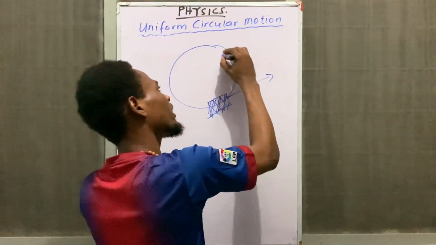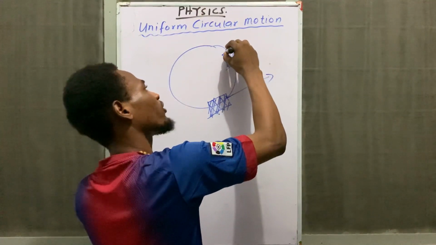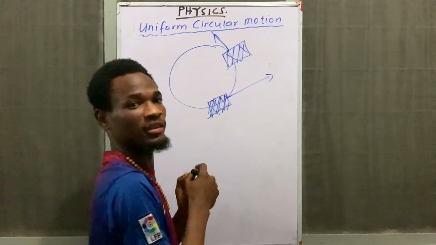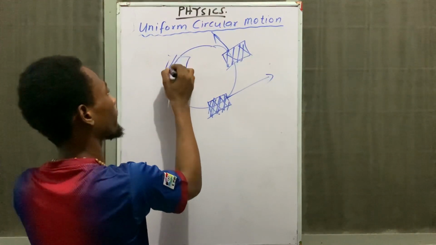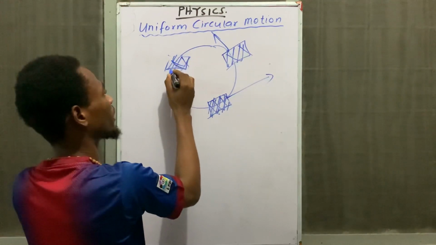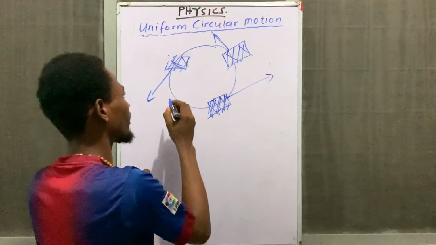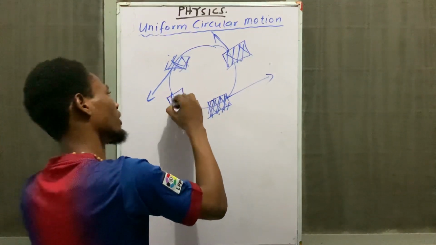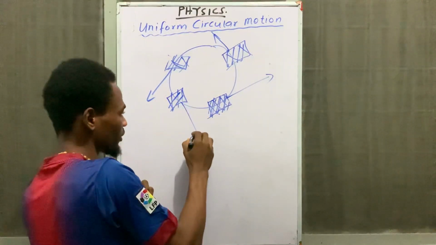Let's say at this point, the body will try to point in this direction. Let's say at this point, the body will point in this direction. Let's say the same body, at this point, points in this direction.